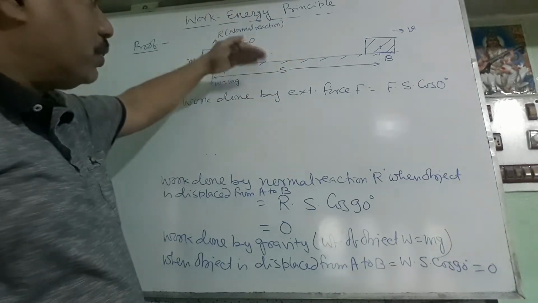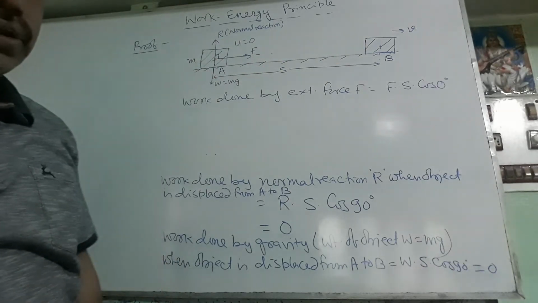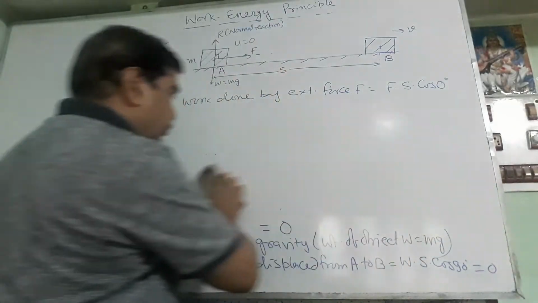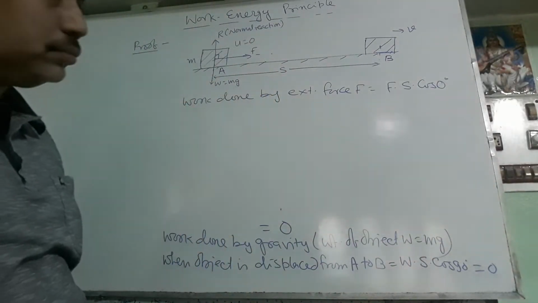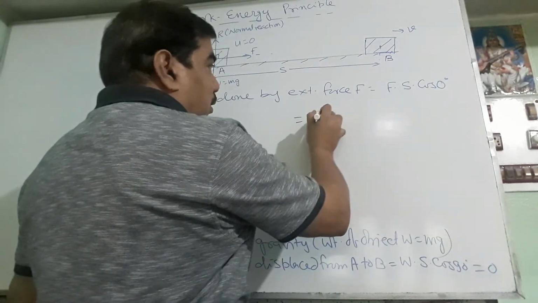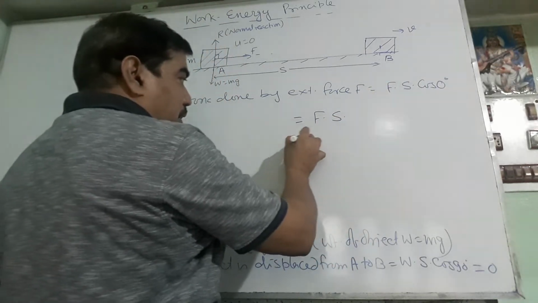So the angle between force and displacement is 0. Displacement is in the direction of force. So this is F into s into cos 0, which is 1 only.